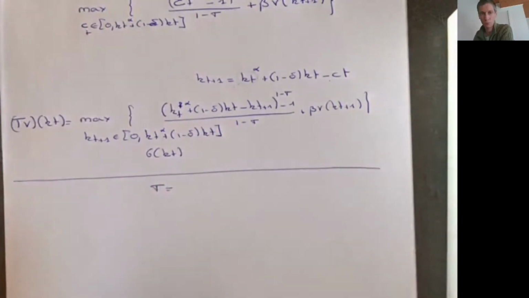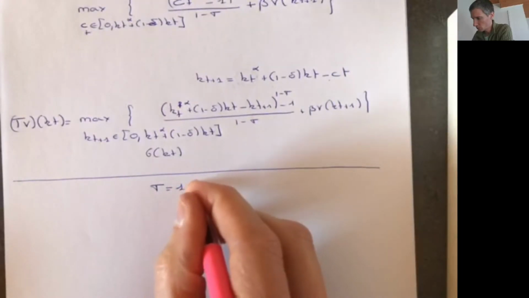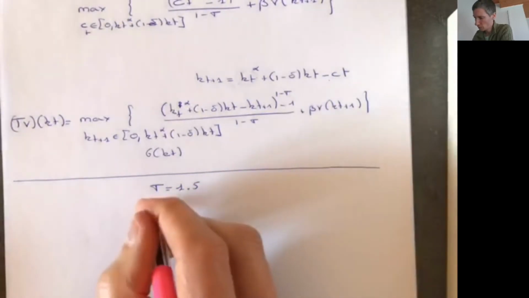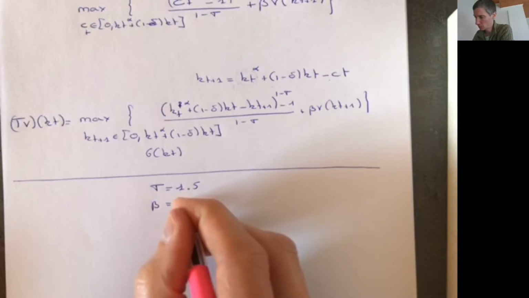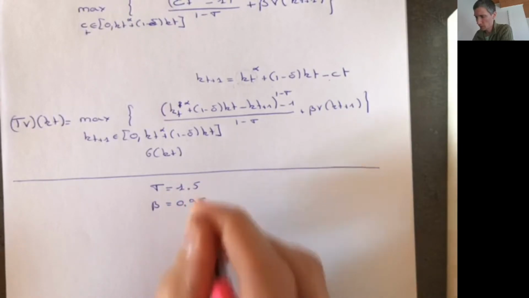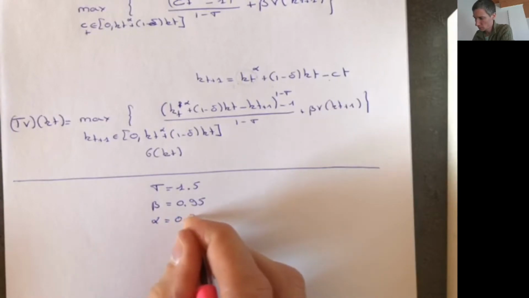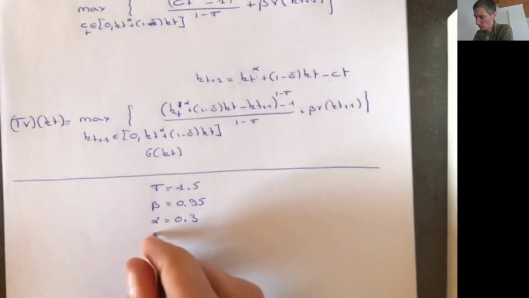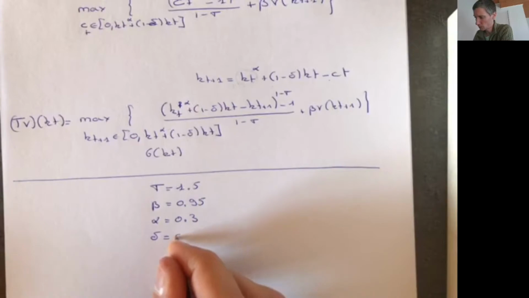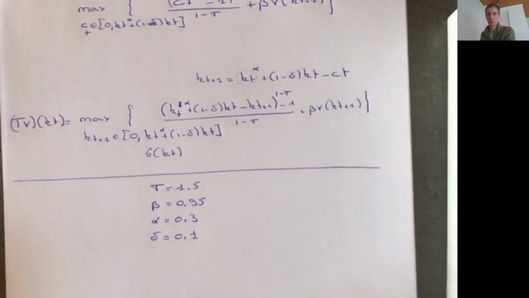I'm going to use sigma equal to 1.5, beta equal to 0.95, alpha equal to 0.3, and delta equal to 0.1, which is the depreciation rate of capital.